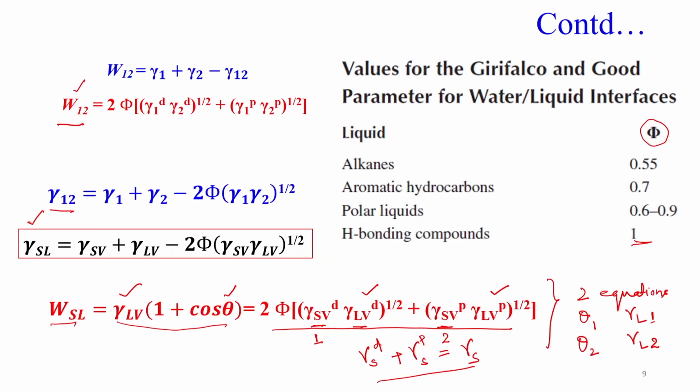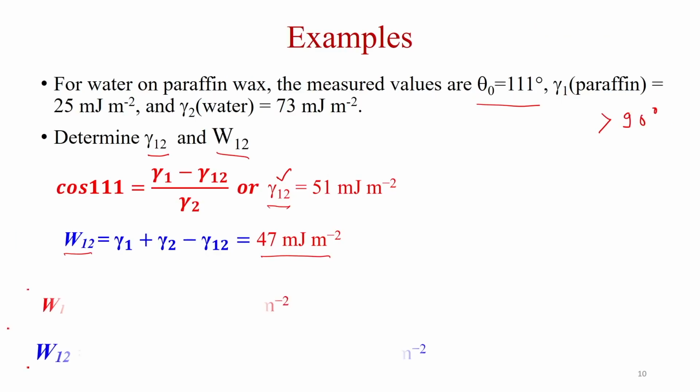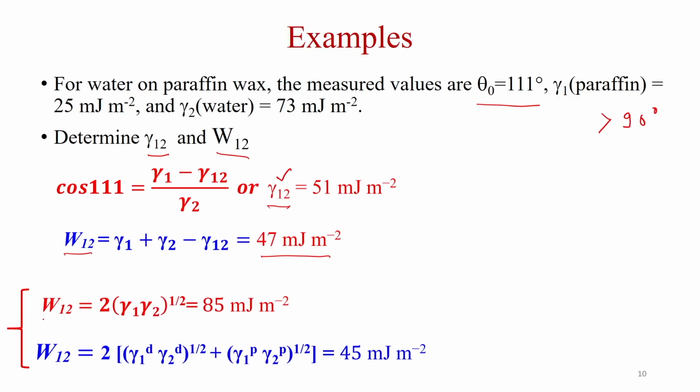Now, if you remember the Girifalco and Good equation, it says work of adhesion is the simple geometric mean of the gamma 1 and gamma 2. So, if you take the value of gamma 1, we are taking twice into 25 into 73 to the power half.